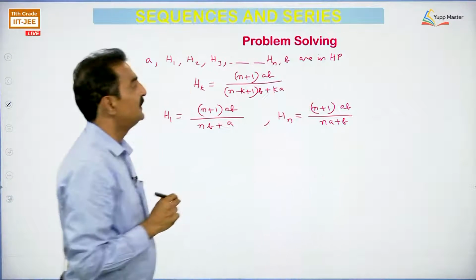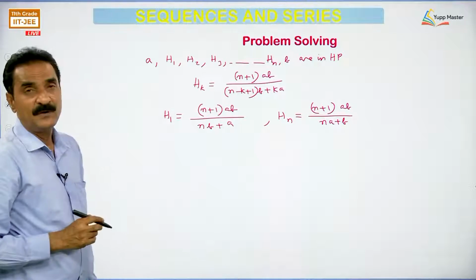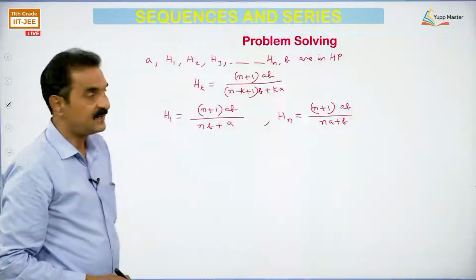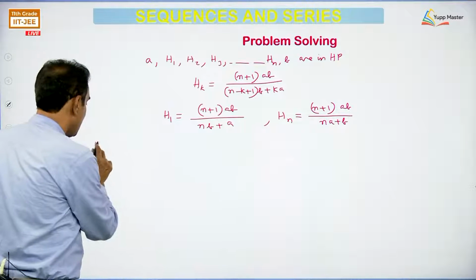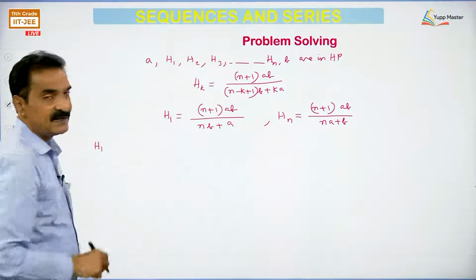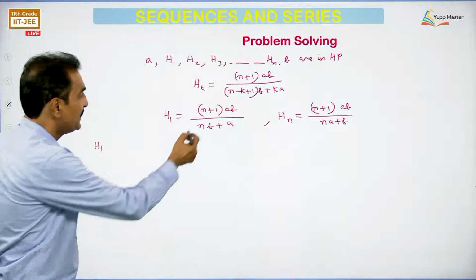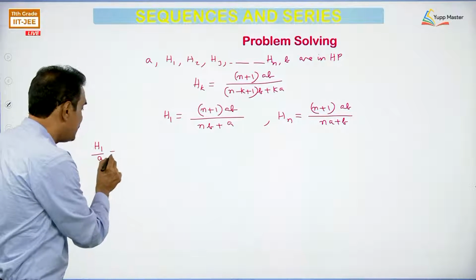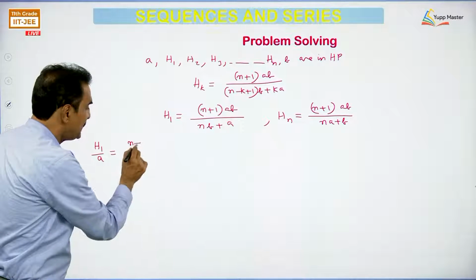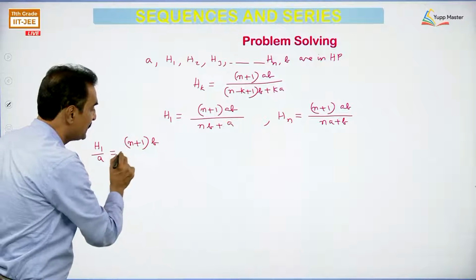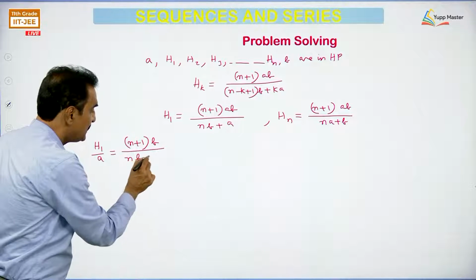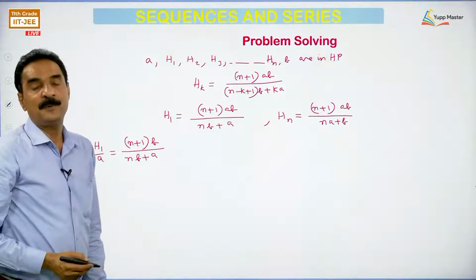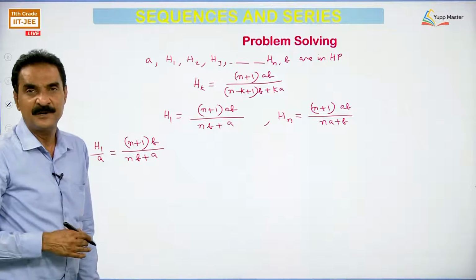Alright. Now we want H1 plus A by H1 minus A. Let us calculate. For calculating H1 plus A by H1 minus A, you divide by A first. H1 by A will be equal to n plus 1 into B upon nB plus A. Alright. Now apply componendo and dividendo. All of you are aware of componendo and dividendo.